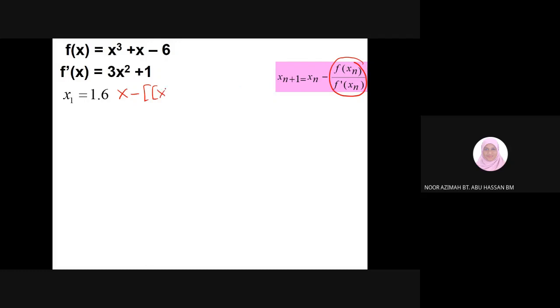So fx-nya adalah x cube plus x minus 6. Okay. Over bahagi. And then yang ini pula f prime buka balik bracket 3x square plus 1. Dan dua kali. Okay, untuk f prime dan the whole function. Okay, so this is display on calculator for this question.